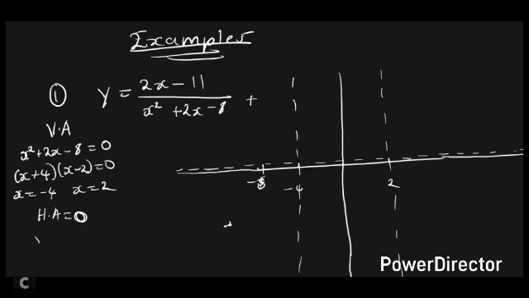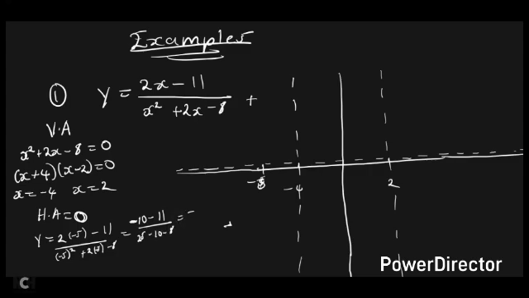So let's do that. y is equal to 2 times negative 5, minus 11, over negative 5 squared, plus 2 times negative 5, minus 8. Then you find that's negative 10 minus 11, over positive 25, that's negative 10 minus 8.